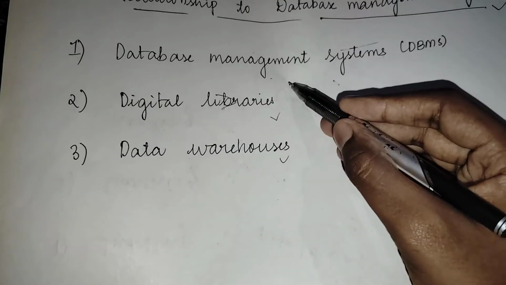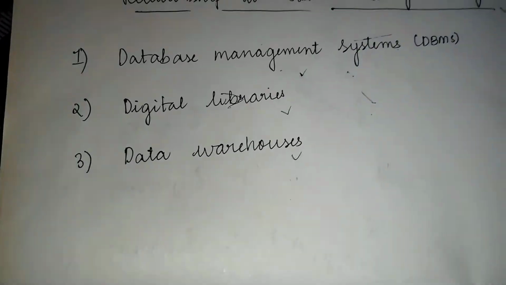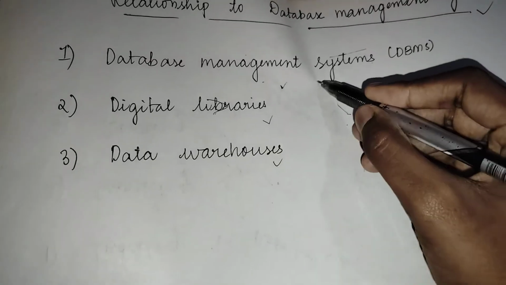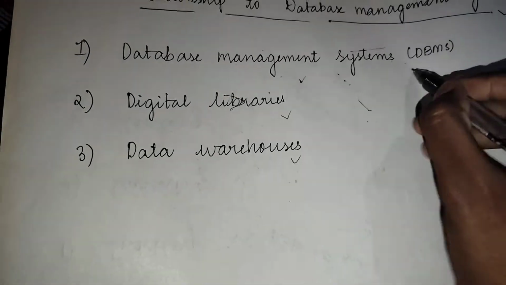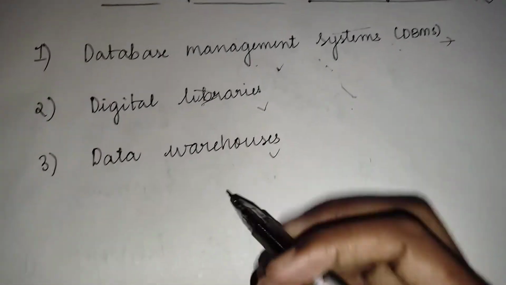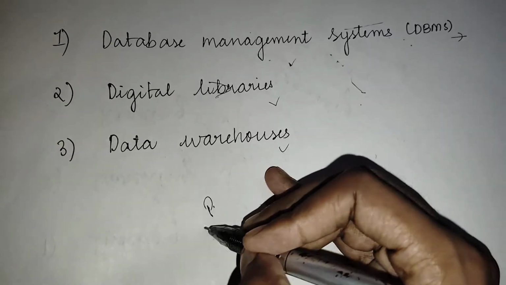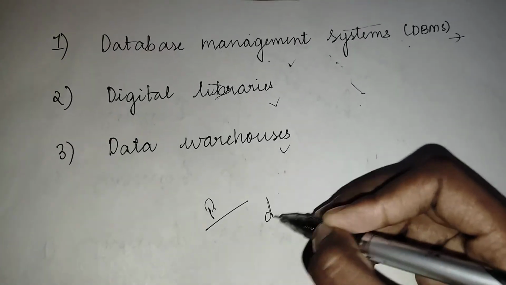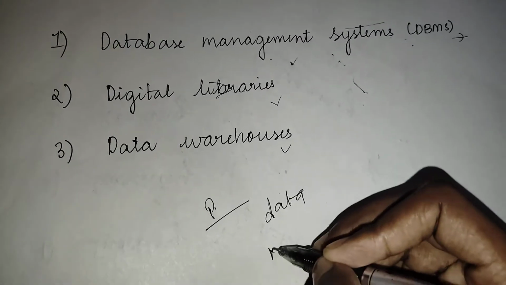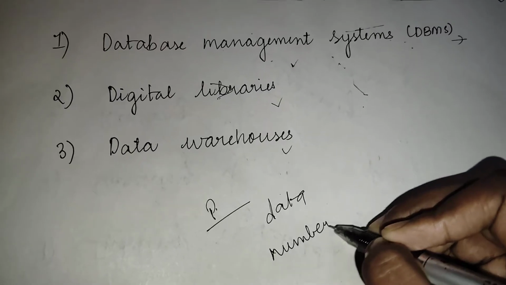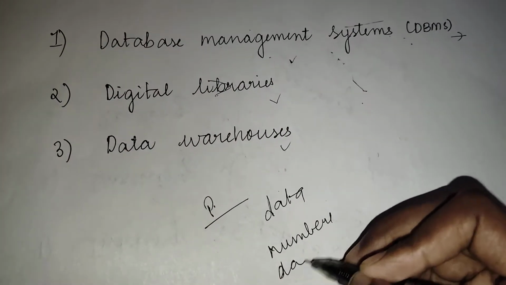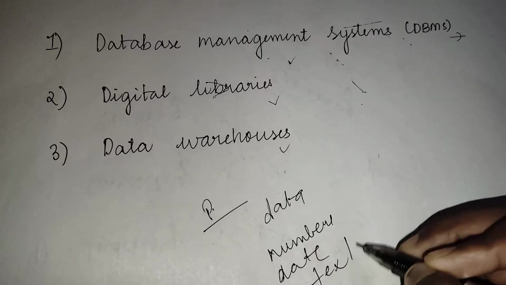So when we come to database management systems, a database management system is designed to structure data: numbers, dates, text.